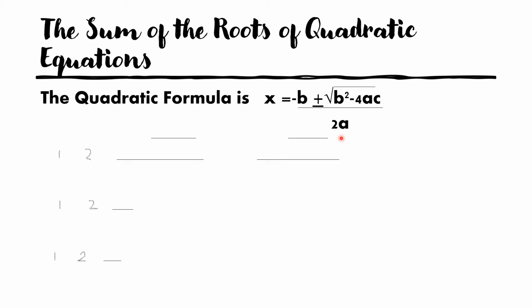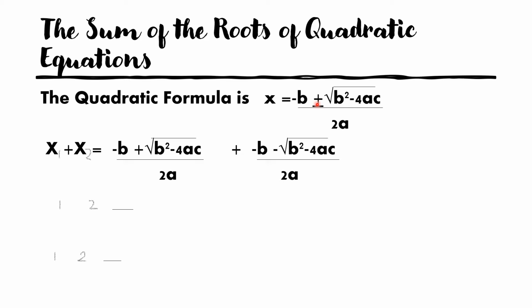So now, what we're going to do here is derive the formula for the sum of the roots. We call the first value of x as x sub 1 and the second value of x as x sub 2. Since we already separated these values of x, we're going to add. Let's see what we can eliminate here.